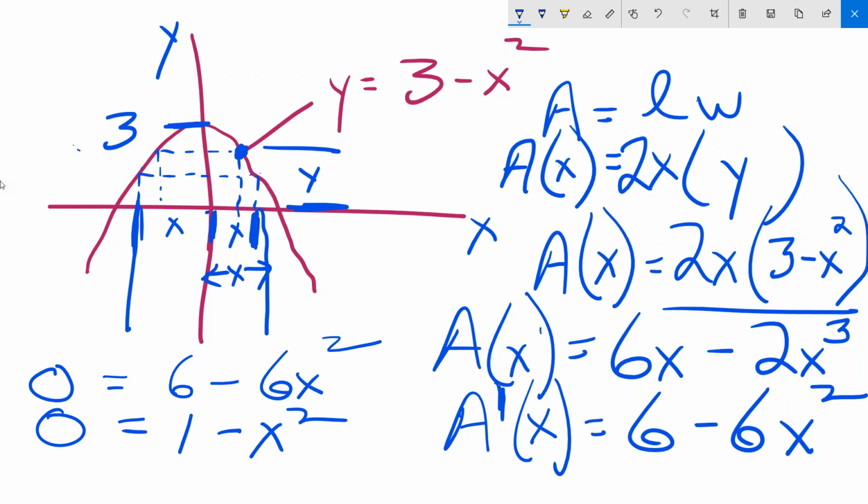Now what? I first subtracted 6 to the other side, or could have added. I just divided both sides by 6 to simplify it a little bit. So we have x squared is equal to 1, so x is equal to positive or negative 1. Yeah, there you go. So it's at 1.